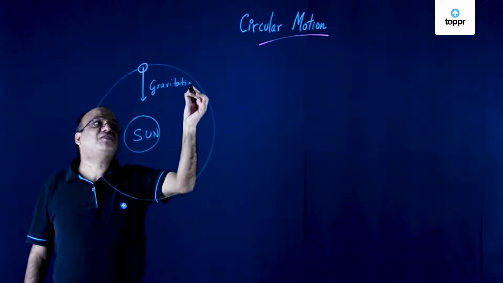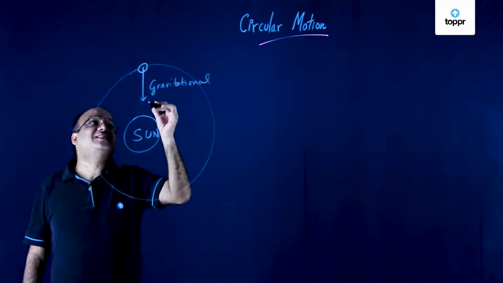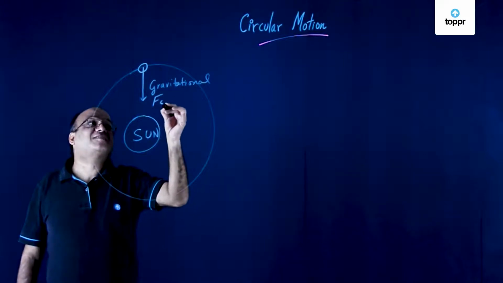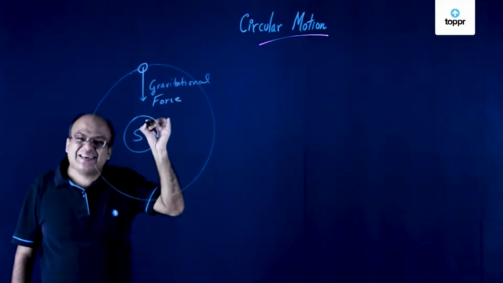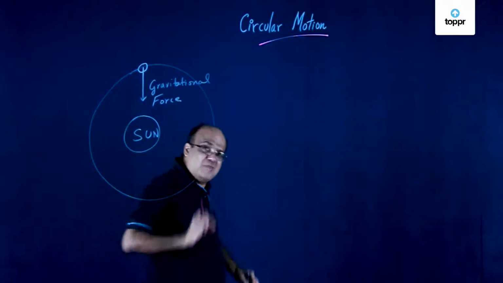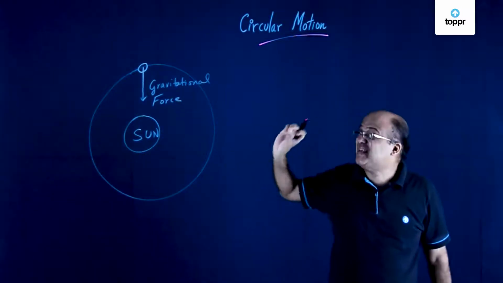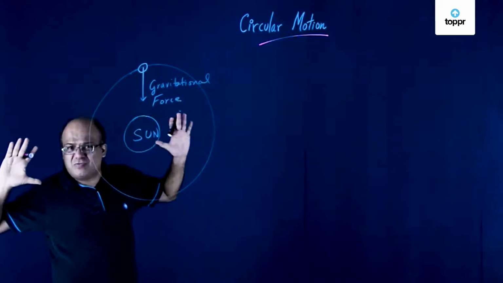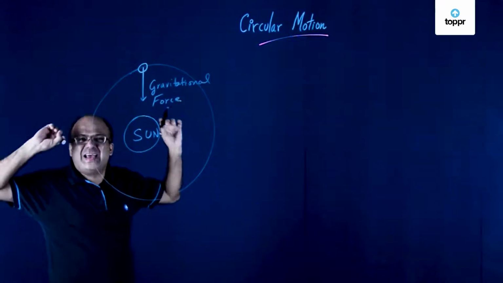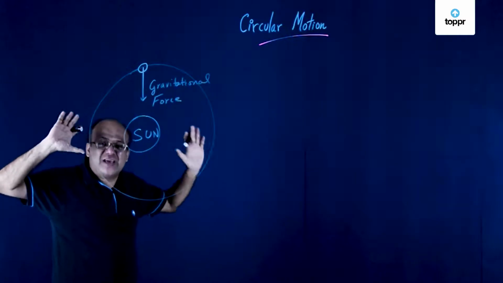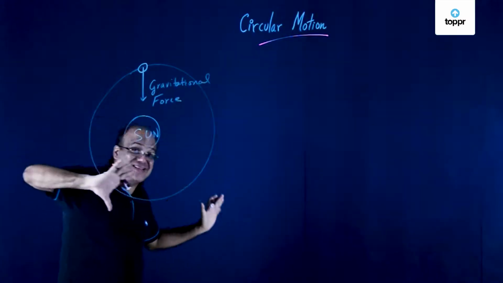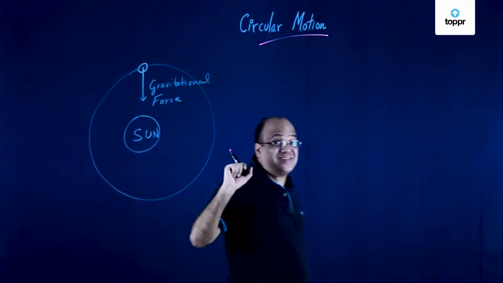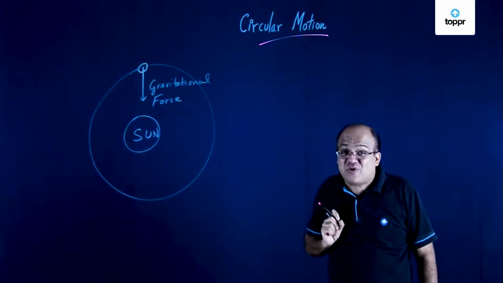There is a gravitational force between the earth and the sun. And here, this force provides the necessary centripetal force for the earth to go around the sun.